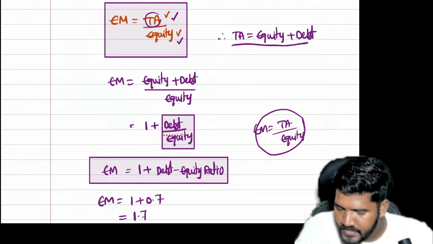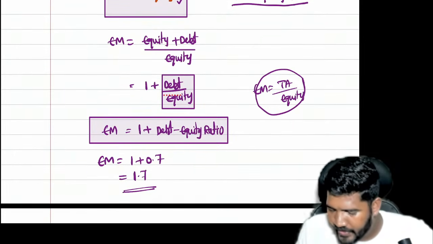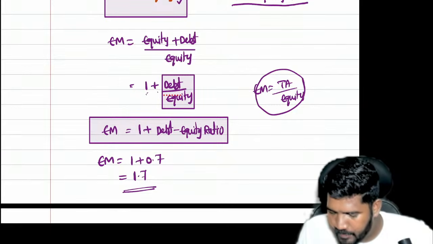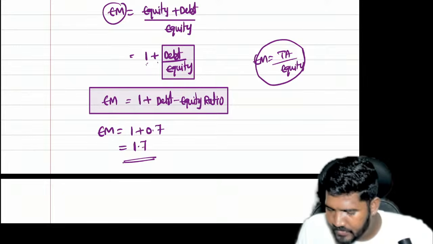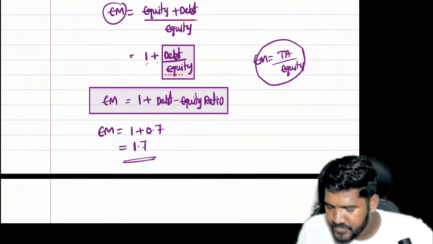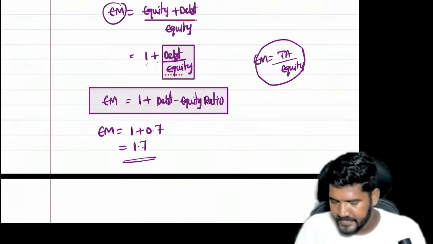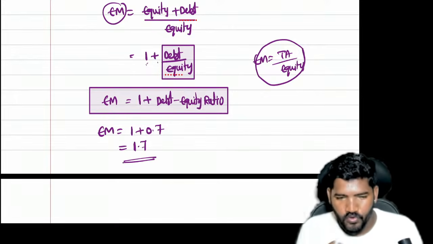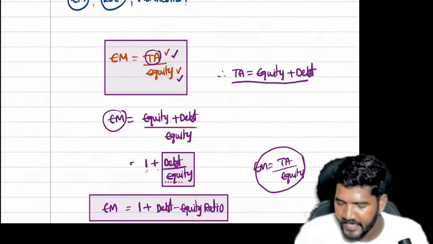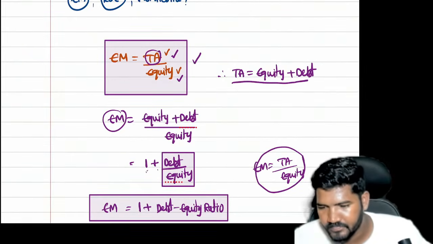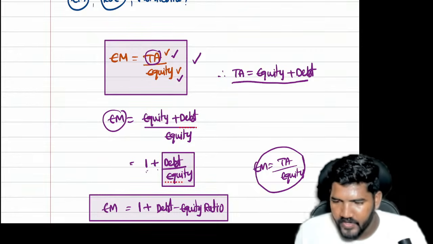Instead of total assets I used equity plus debt. If you take equity common, it's 1 plus debt by equity, which is the form of the ratio, 1 plus debt equity ratio. That is the reason for the alternative formula. If you have sufficient information, you can directly calculate like this. Karthik, so clear?